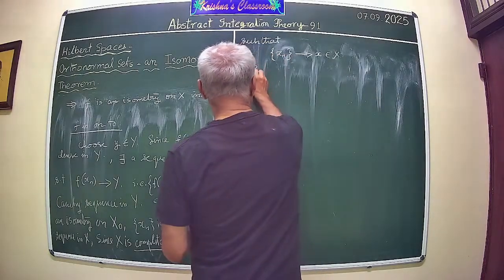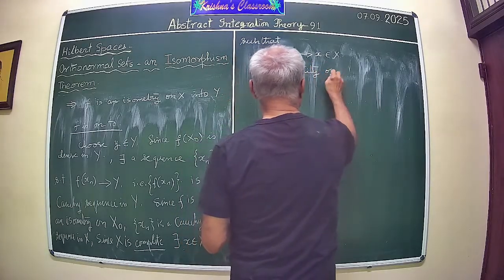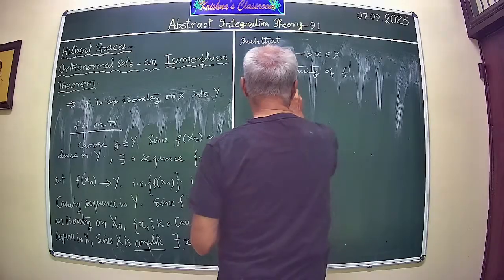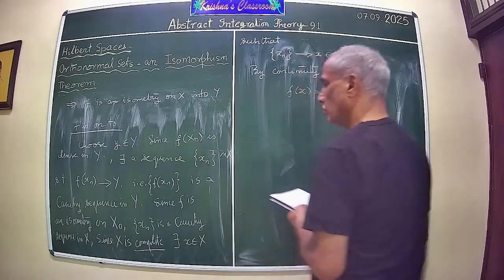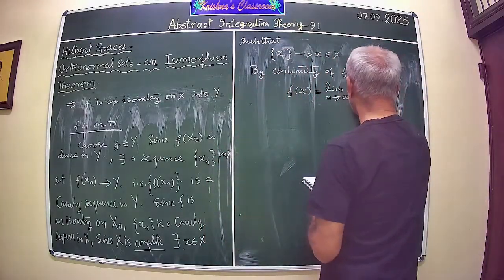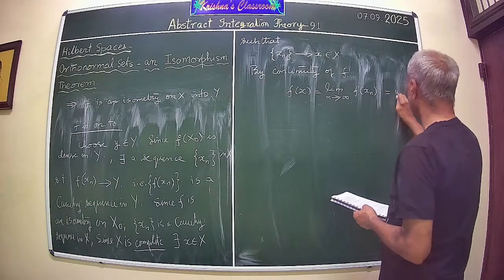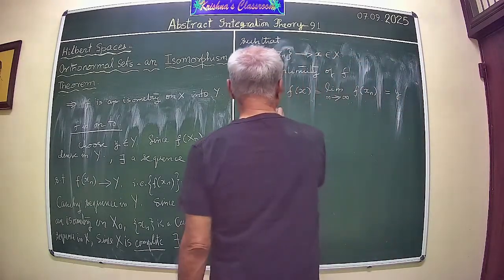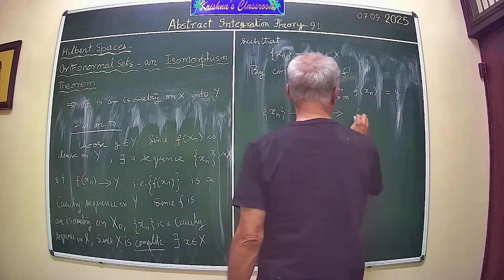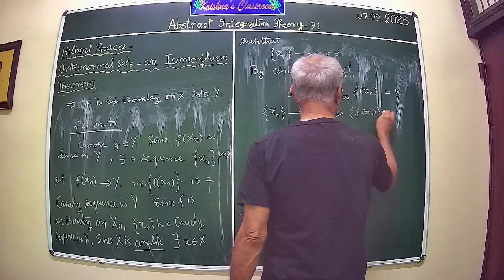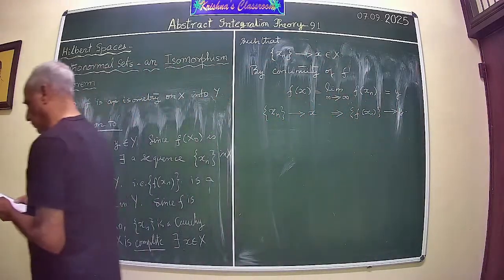By continuity of f, we have the limit as n tending to infinity of f of x_n, which is essentially equal to f of x. Therefore x_n converges to x, so that completes the proof of this.